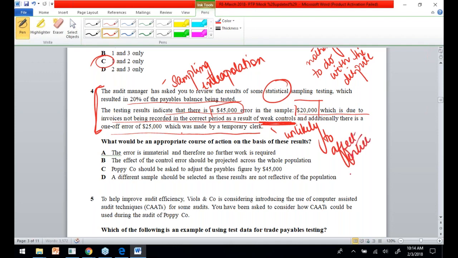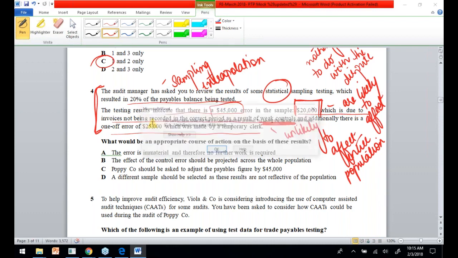However, $20,000 of errors which are due to weak controls are likely to affect the entire population. Hence, 20,000 should be extrapolated and can be extrapolated simply because this is statistical sampling.